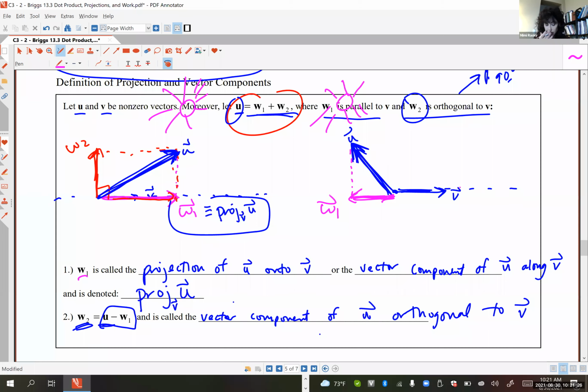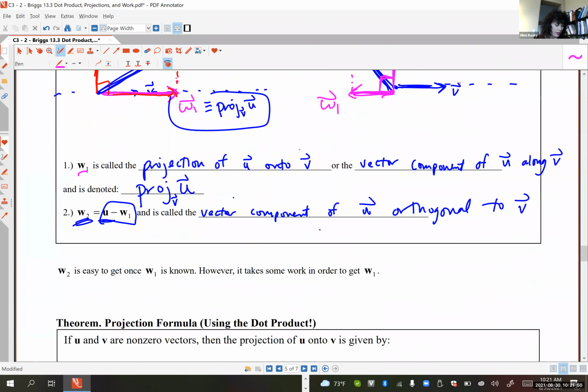You want it parallel to the ground, so you're good. And then W2 will be the orthogonal component here. And you want the W1 and W2 to be orthogonal with each other. And so that's the picture of projecting a vector onto another vector when the angle between them is obtuse. I just want you to see all the possibilities.